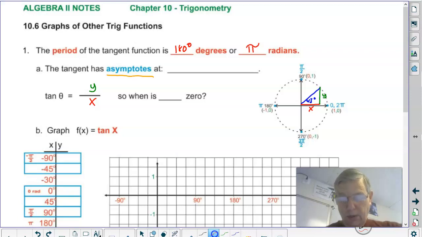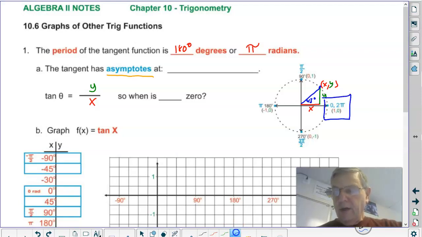All right, but notice here, if I did the point here, this would be the x-coordinate of that point, and that would be the y of that point right there. So let's look at the point of 0 degrees, or 360 degrees. All right, I'm ahead of myself here.